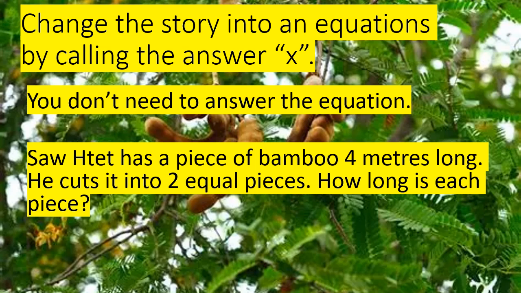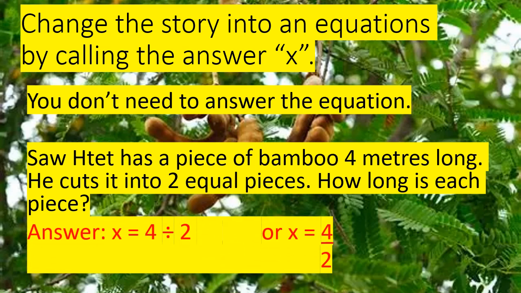Okay, and the answer, x equals 4 divided by 2, or you can write it as x equals 4 over 2, as it is on the right there.